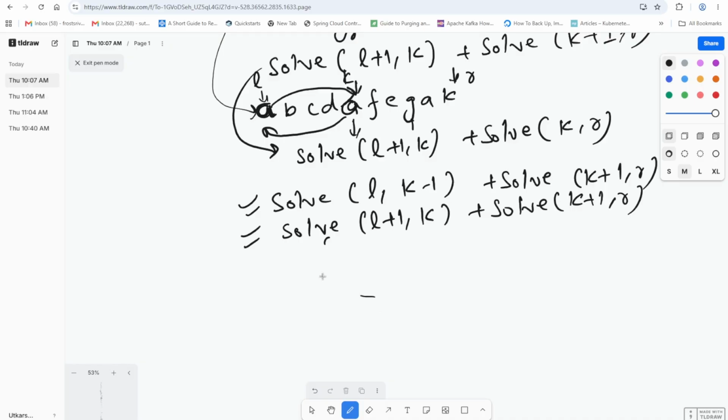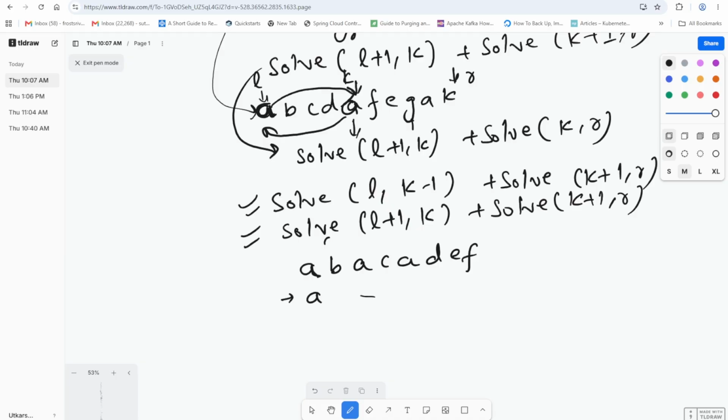Now suppose our problem statement is something like A, B, A, and C, another A, and D, E, F. So what we have done is just check which characters are equal.